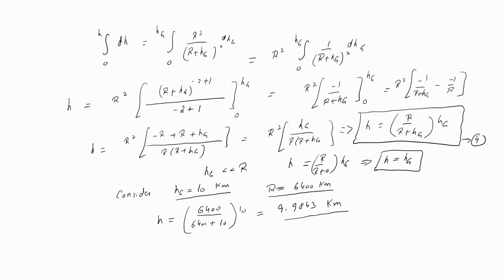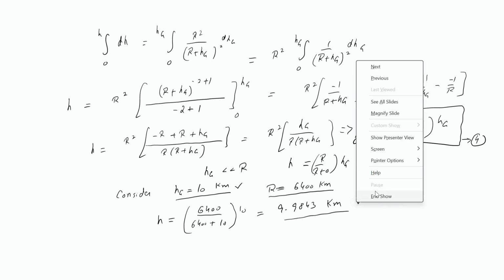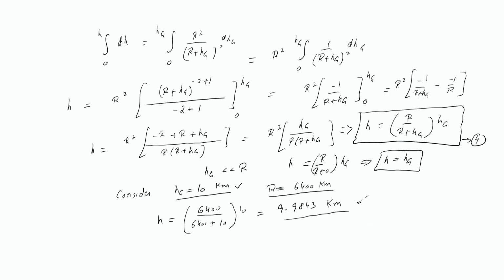So noticing the change, geometric altitude was 10 kilometers and geopotential altitude has only been reduced by this much value. It is approximately 10 kilometers, but slightly less than 10 kilometers, of course. It is 9.9843 kilometers. So can you find the percentage of error between the geometric and the geopotential altitude? As engineers, we are interested to know the percentage of error.